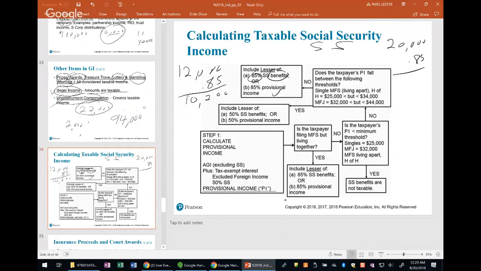That's 17,000. All right, let's say this was your provisional income, this is your Social Security. Include lesser of 85% of Social Security benefits or 85% here. So we're going to be taxed on 10,200.